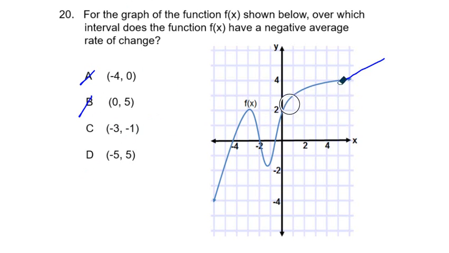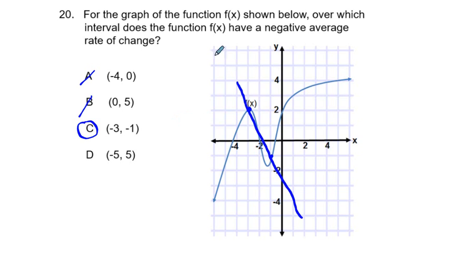Next, answer choice C, we go from -3, here's our output value, to -1. Answer choice C does give us a negatively sloped line connecting those 2 points, so that should be our correct answer.